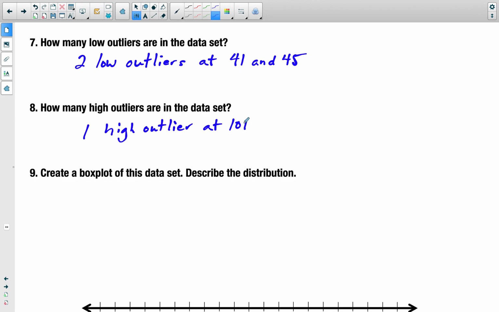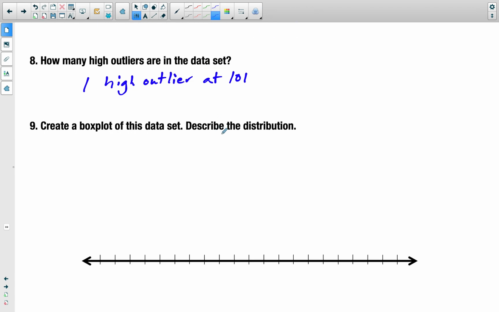Now, to create a graphical display of this data set, a box plot is a graphical display. So we're going to go ahead and create a box plot.